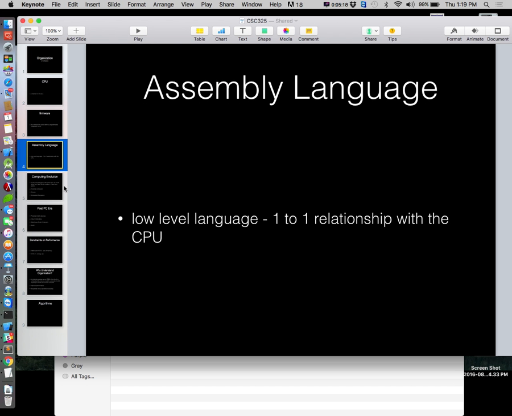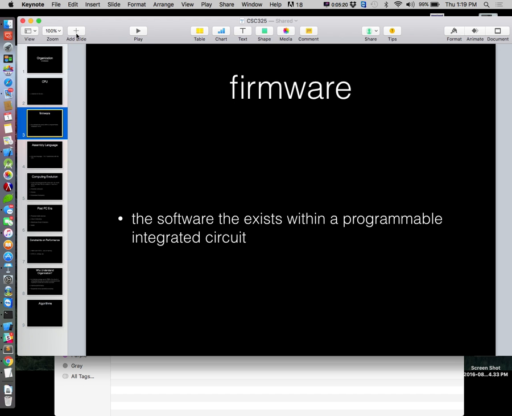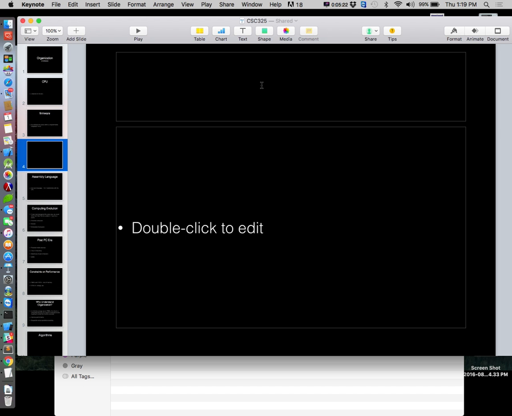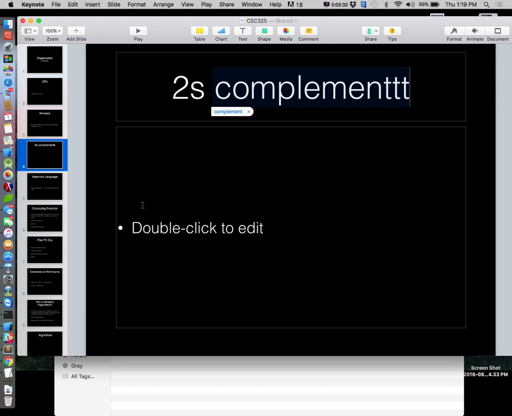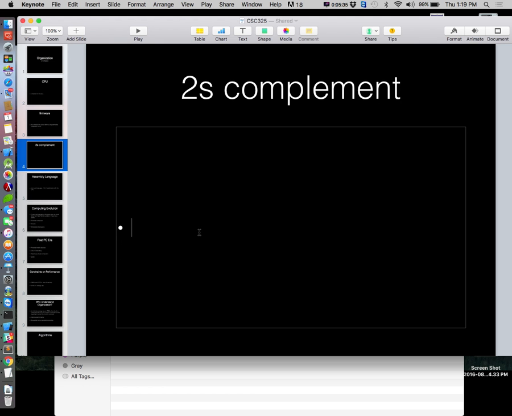All right, so let's just jump down to, we'll just go right here. So 2's complement. All right, so if we take the number 5, what's the binary representation for the number 5? 1, 0, 1. So 1 in the 4's place, 0 in the 2's place, 1 in the 1's place. So that's the number 5.